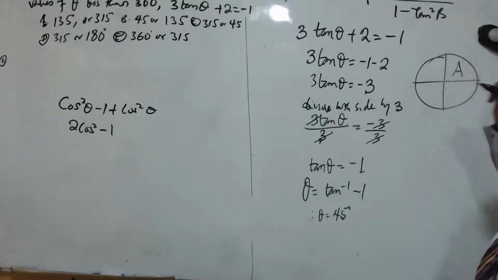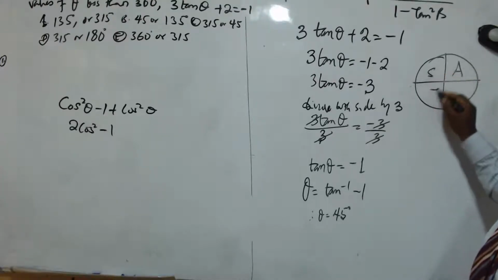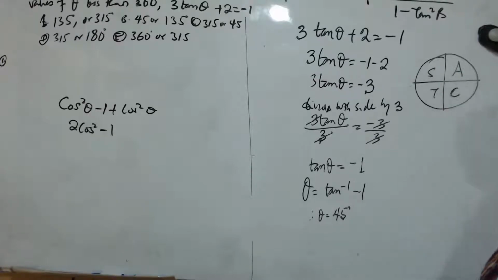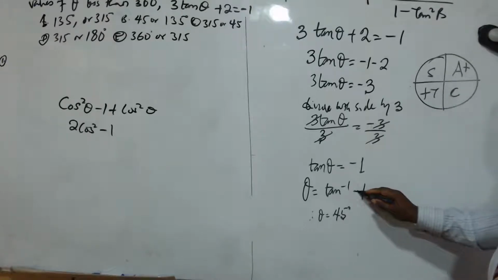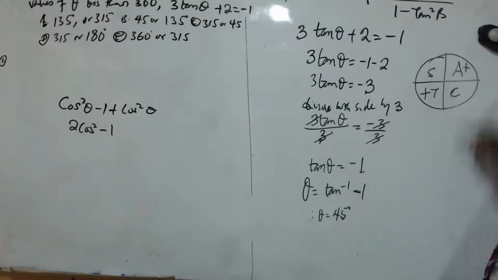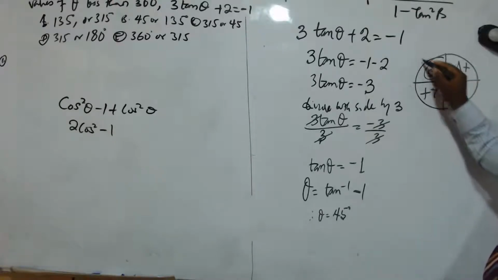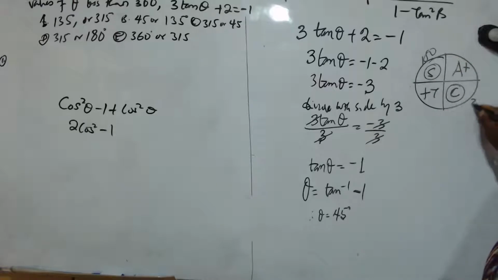Then the inference we discussed earlier. Here we said all is positive, sine, tan, and cos. Here tan is positive, here tan is positive. Our value of tan is negative. So we only need the second quadrant and the fourth quadrant. And here we have 180, here 360. Right?